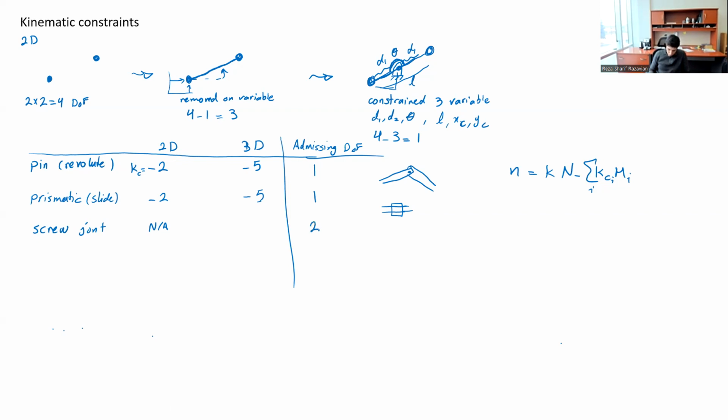So I said it subtracts 4 degrees of freedom, but that's actually a 1 degree of freedom joint too. As long as you know the angle, how much your object has rotated, you know where it is in space, how much it has moved.